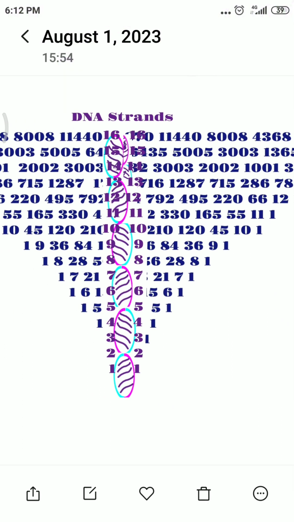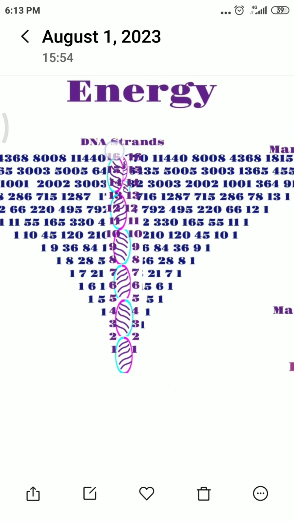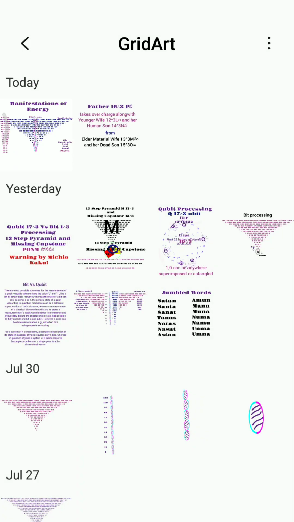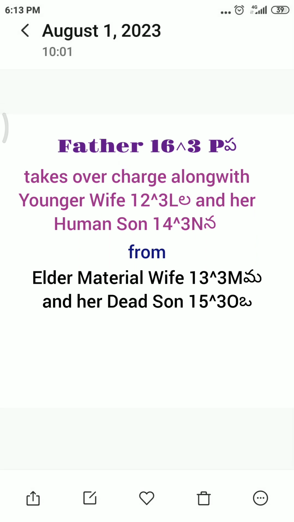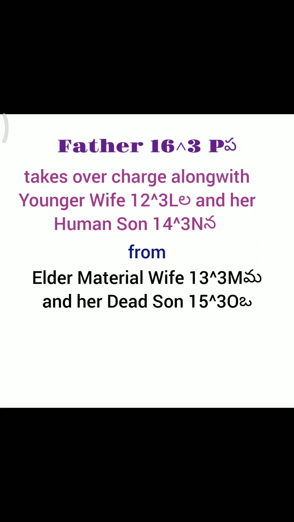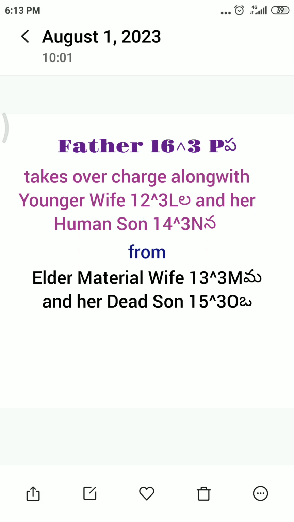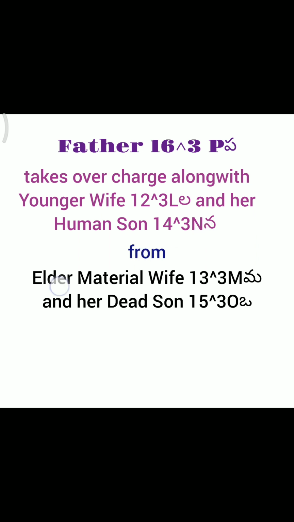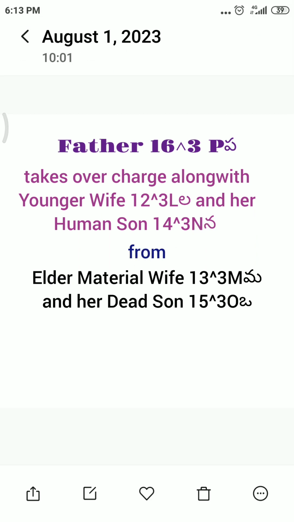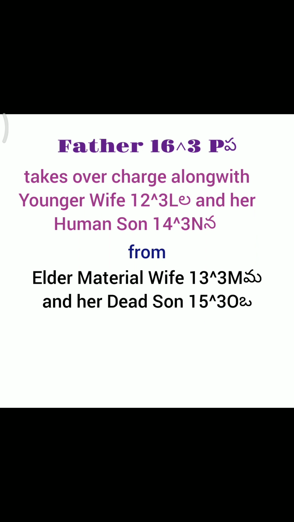14 cube is the son of the 16 cube. 14 cube is the son of man. That you can say is the Christ figure. Of course, there is 15 contending, but as you know, here father P takes over charge along with younger wife 12 cube L and her human son 14 cube N from the elder material wife 13 cube and her dead son 15 cube, because 15 is not possible.